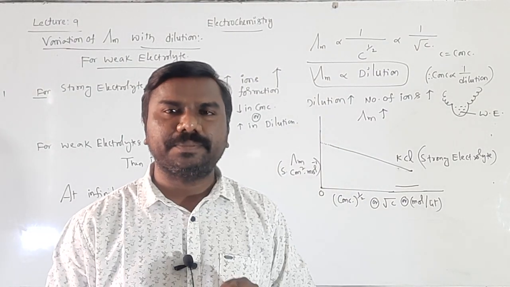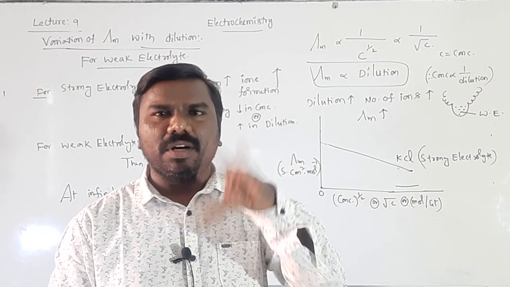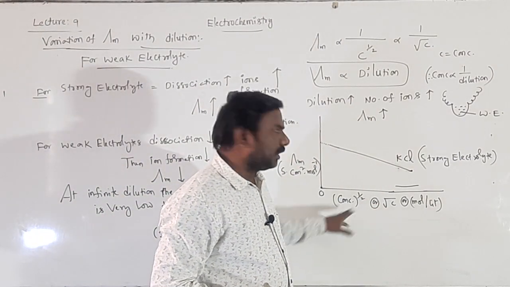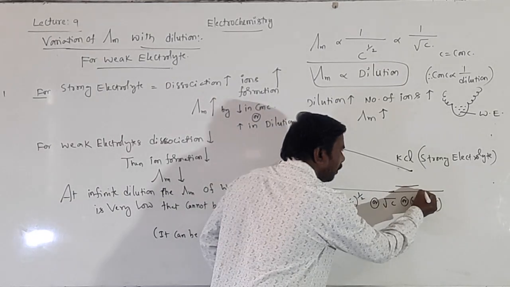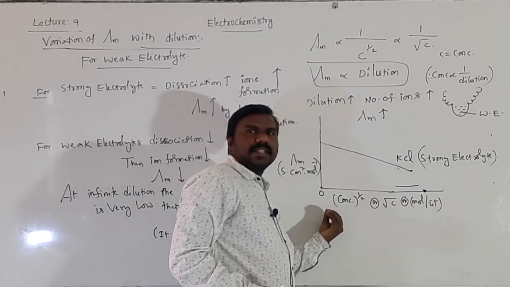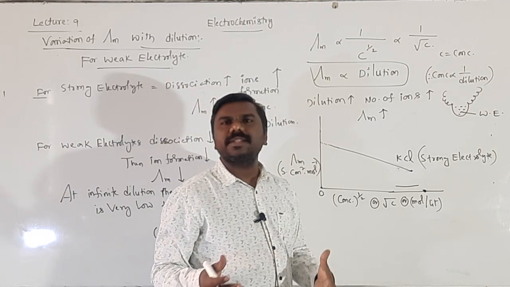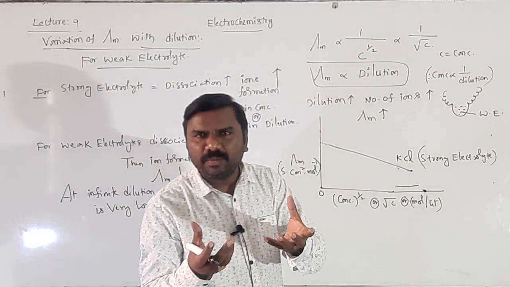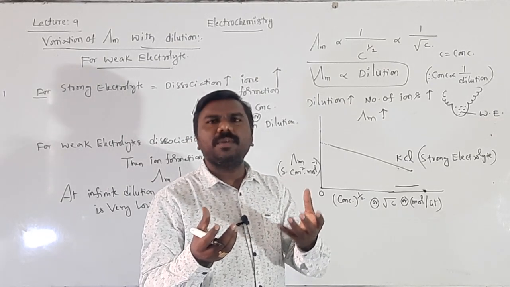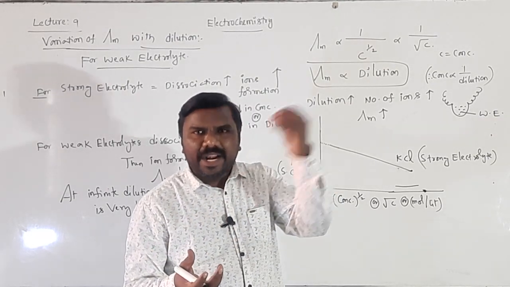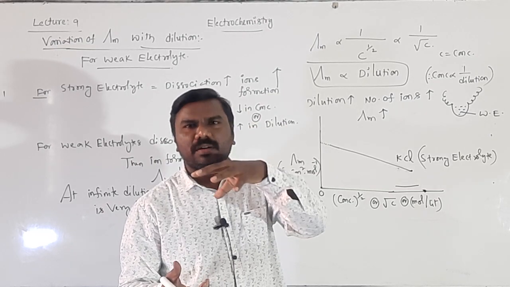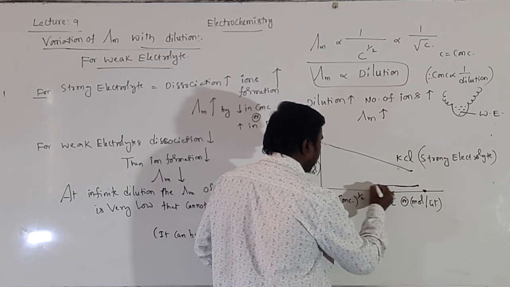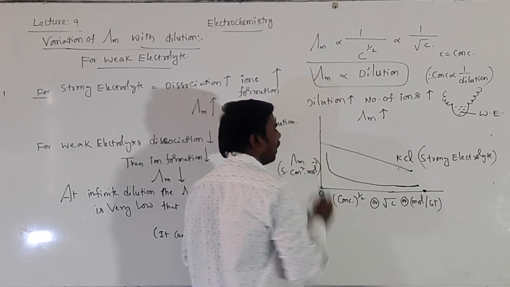Conductance is very low, even though high concentration is there for a weak electrolyte like acetic acid. Adding water means concentration decreases. At this point it is high concentration; when I come to the left side, 0 concentration means low concentration. Adding water, no ion formation because weak. No ion means no conductivity. Infinite times I added, then slowly what happened here?